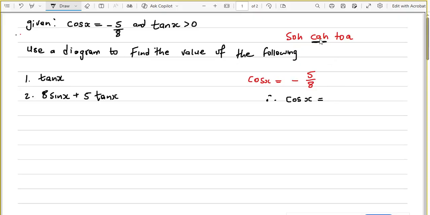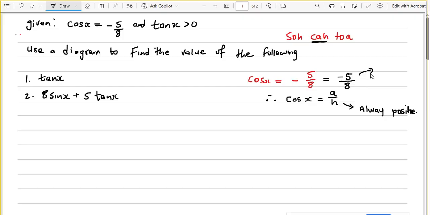In the SOH CAH TOA tool, A stands for adjacent. So the top part is adjacent, the bottom part is hypotenuse. The hypotenuse is always positive because it's the radius. So this tells you that the 5 is the one that is negative. We need to write this as -5 over 8.